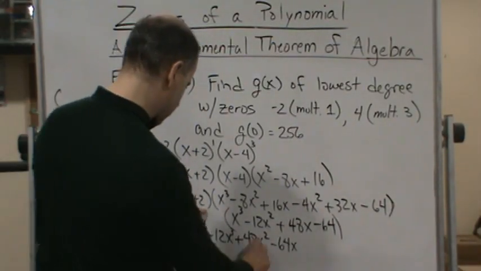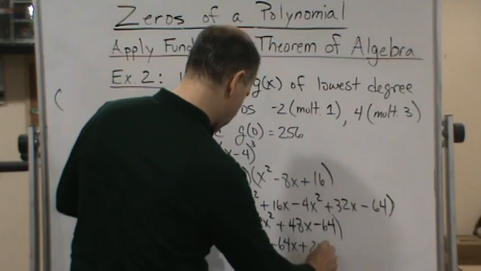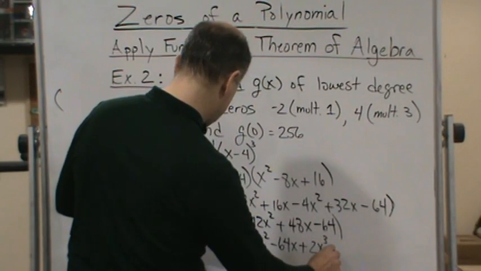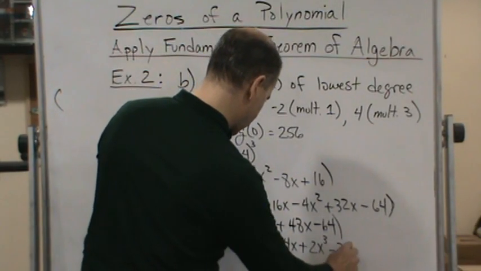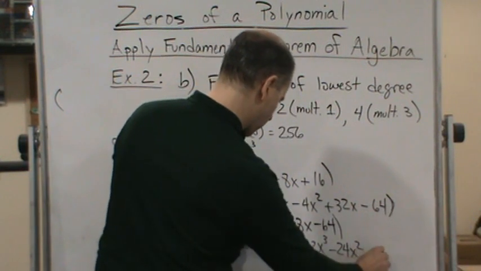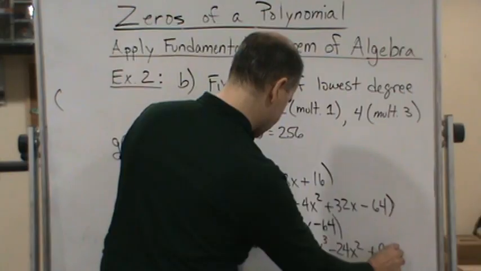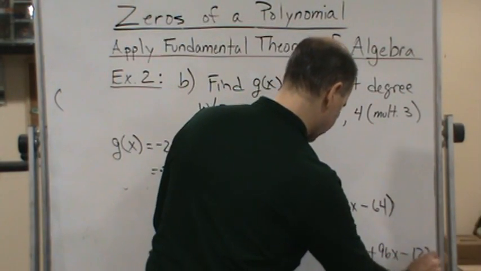Okay, then it's plus 2x cubed minus 24x squared plus 96x minus 128.